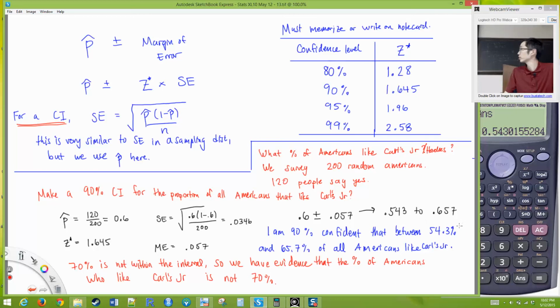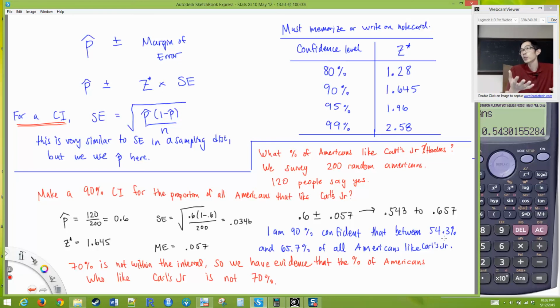On the other hand, if somebody says, I think 63% of Americans like Carl's Jr., do we have evidence against that? No, because 63% is within our interval. Any value that's within our interval seems like a plausible and reasonable answer.